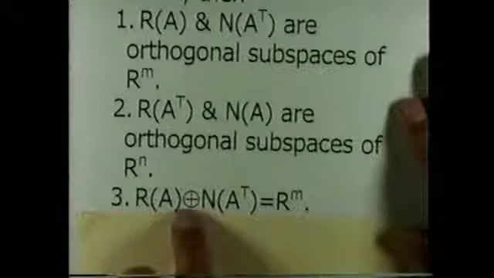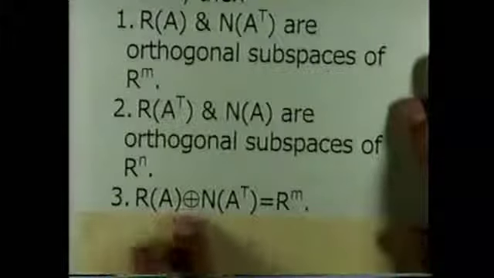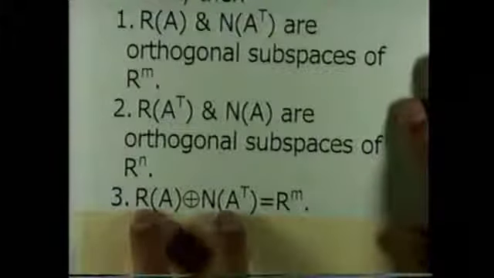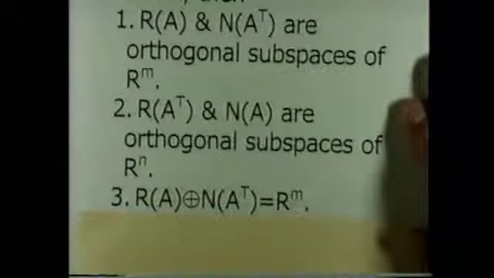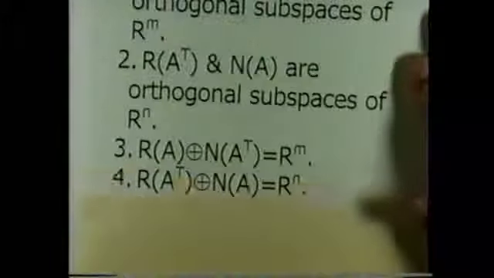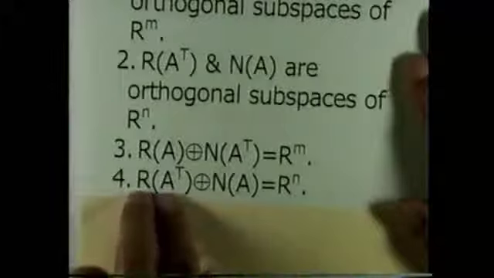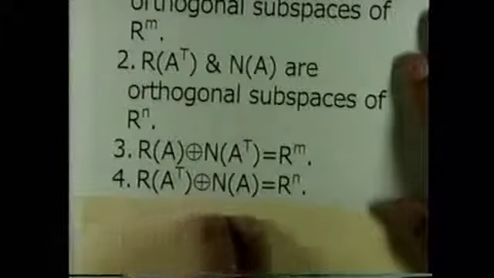M space is the direct sum of the column space of A and the null space of A transpose. N space is the direct sum of the column space of A transpose and the null space of A.